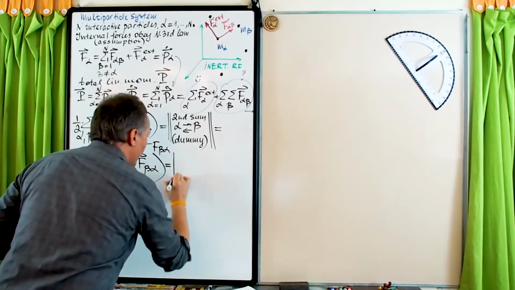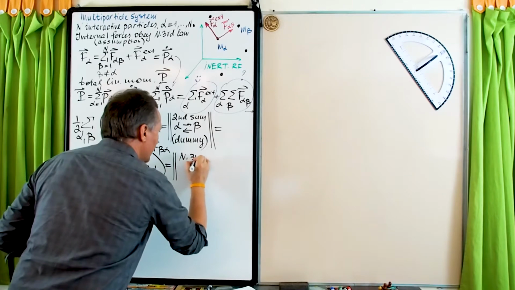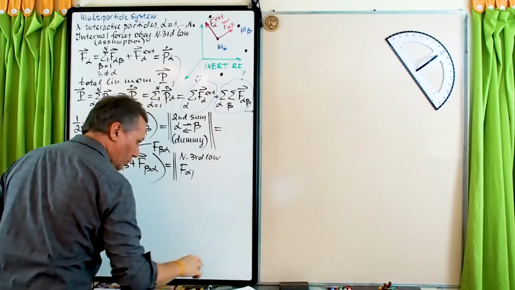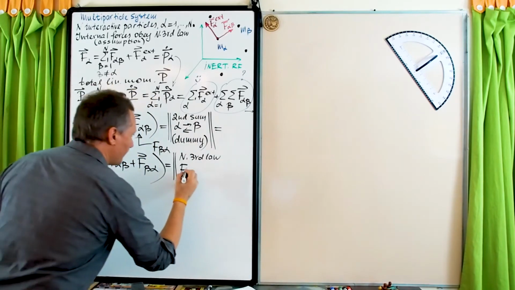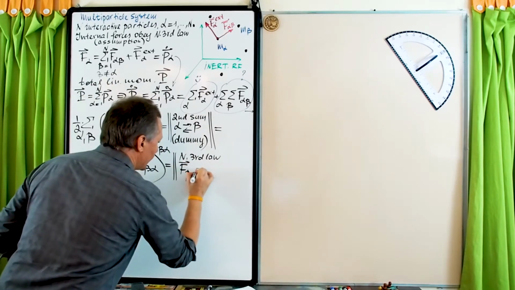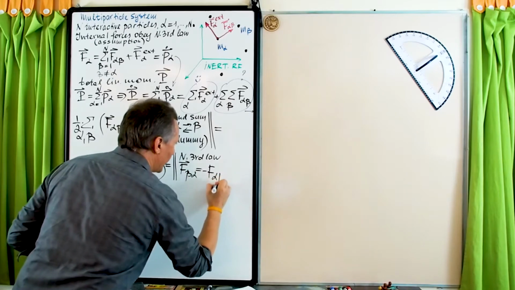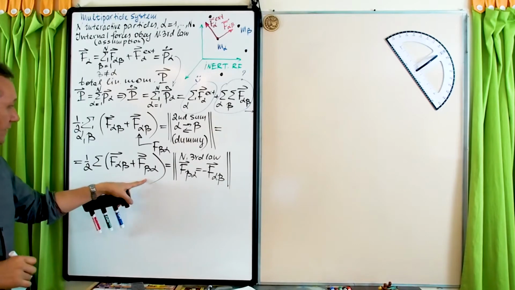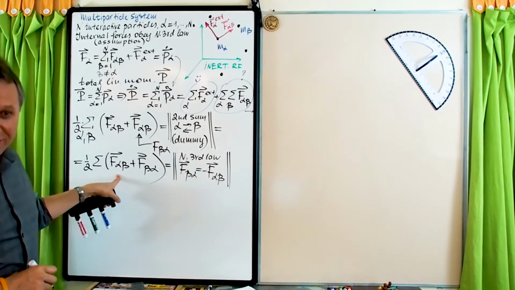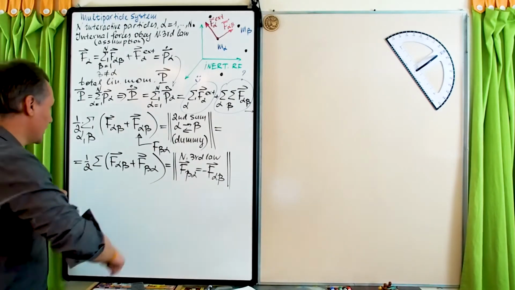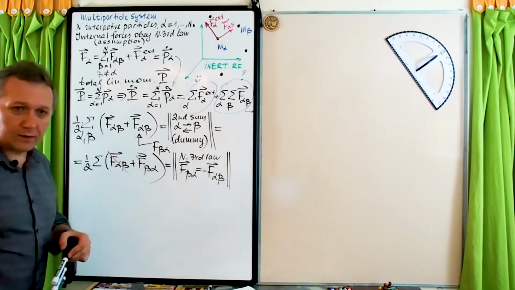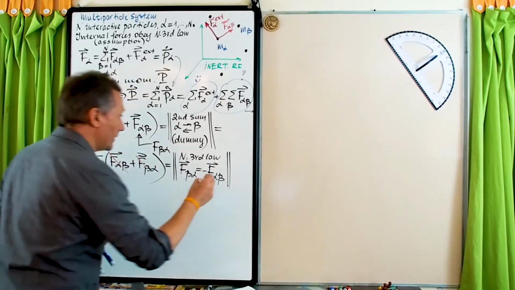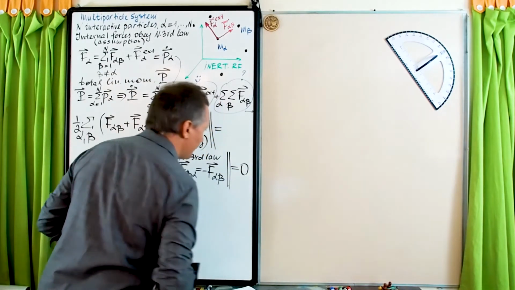So again, I will open my explanation box, and now Newton's third law. So f beta alpha equals, of course, minus f alpha beta. So this term equals minus f alpha beta. This is plus f alpha beta. And these two terms cancel each other. As a result, we end up with 0.